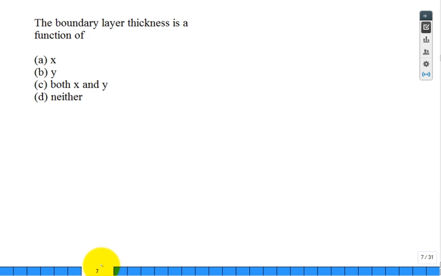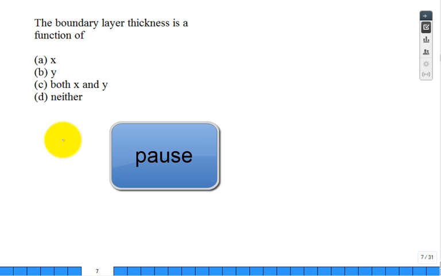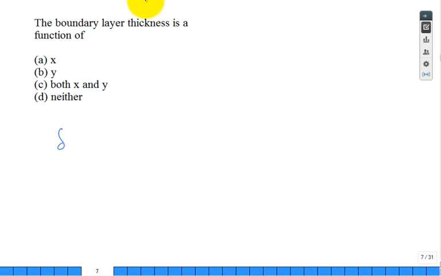All right. The boundary layer thickness is a function of x, y, or both, or neither, or something. Delta. So professor, draw that sketch again. Here's our sketch. And so the x is running down this way and the y is running out that way.